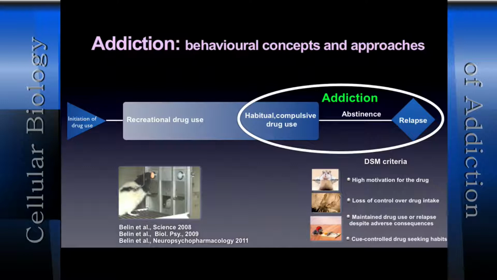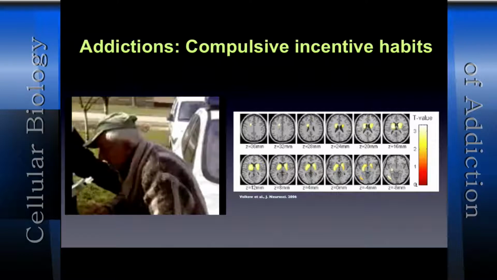Most specifically, the high motivation for the drug, loss of control over drug intake, maintained drug use or relapse despite adverse consequences, and I'll give examples of that, and cue-controlled drug seeking. And we'll discuss drug taking, drug seeking, what is the difference, why would we want to measure drug seeking and not drug taking, and the other way around. That's very important for us.